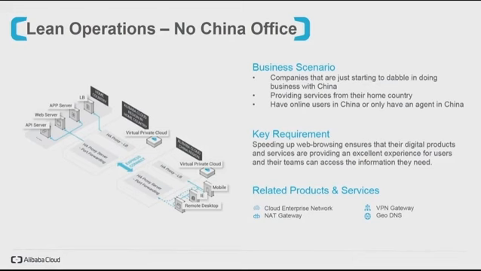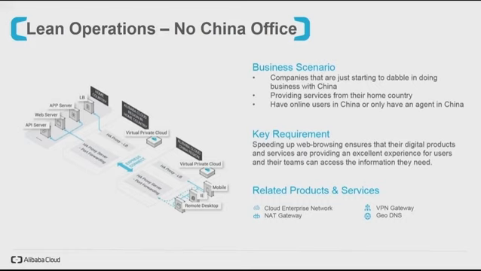Here are some simple scenarios. If you're just starting business in China, you don't have any type of presence there, but you would like to start dabbling in doing business, you'd like to try it out, you want to see what the market demand is there. You would start by providing your services from your own home country, but you have some online business users in China, and potentially an agent in China as well.